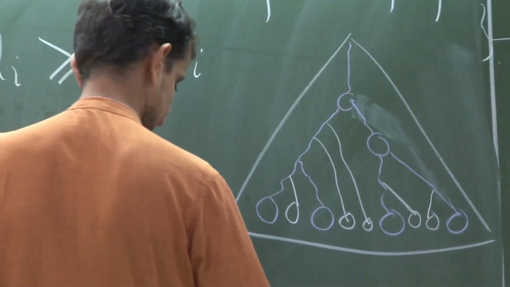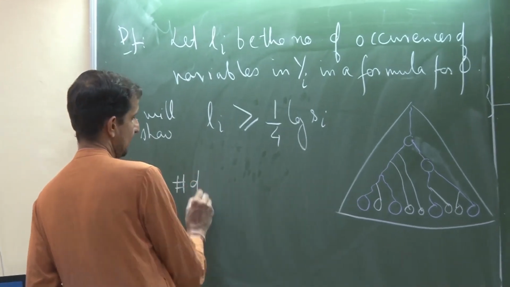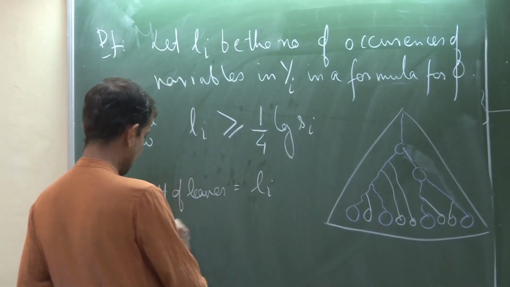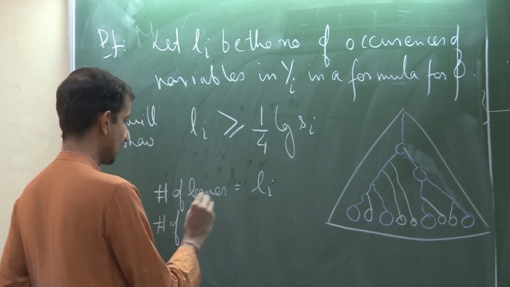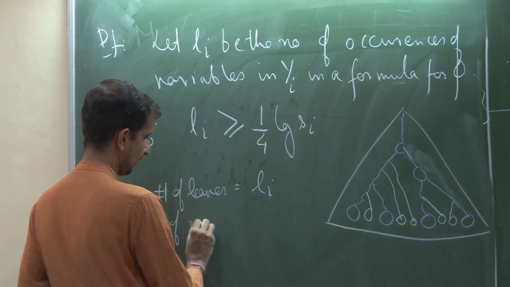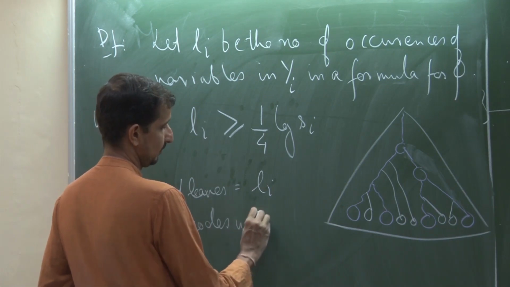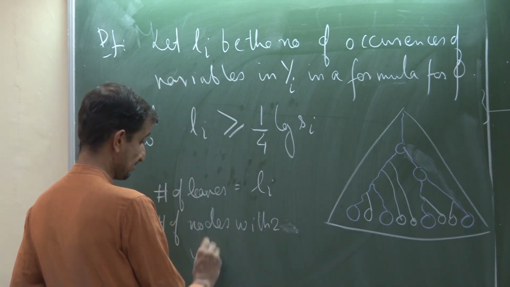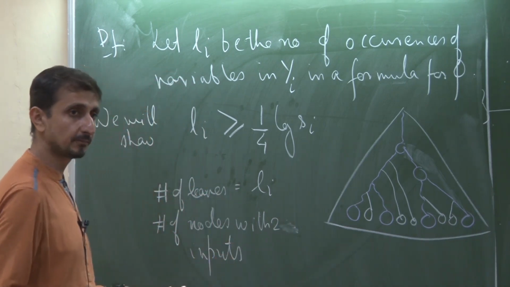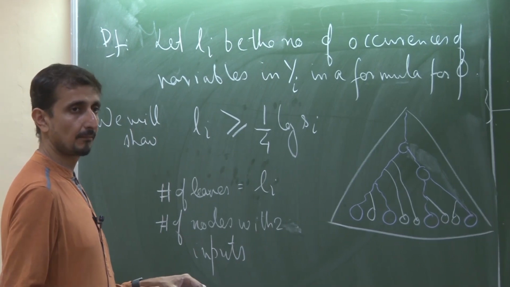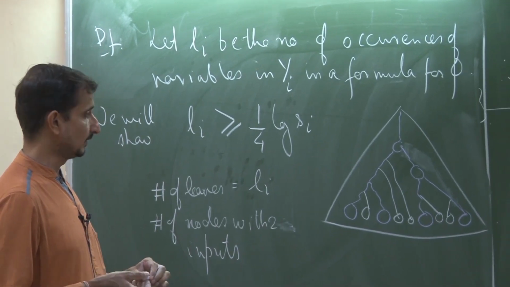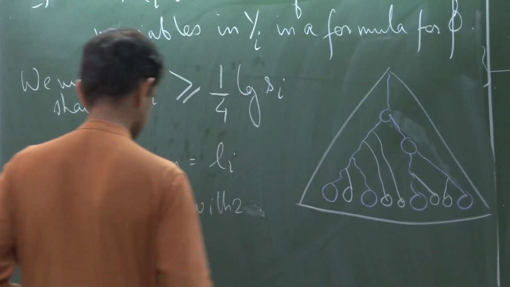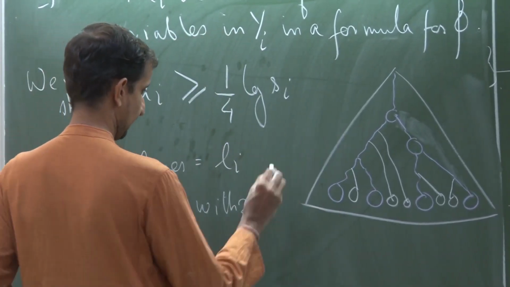So, the number of leaves is equal to Li, and the number of nodes with 2 inputs will be how many? So, I am only considering the restriction. Okay. So, let me just state this over here.